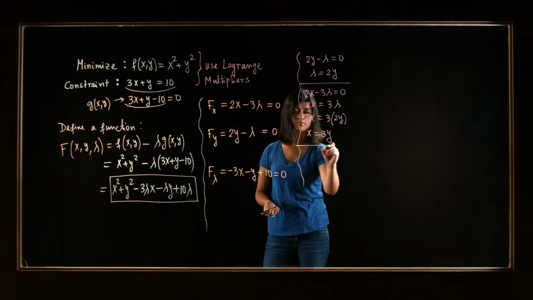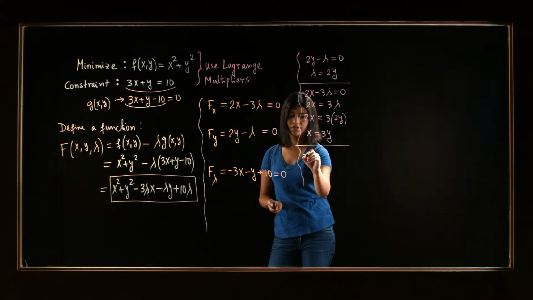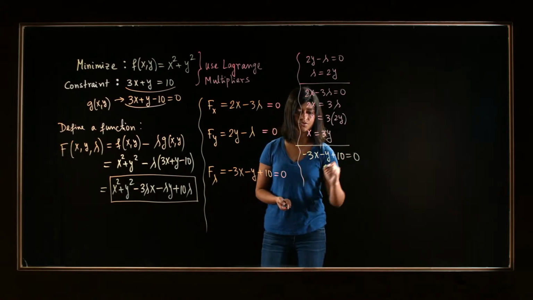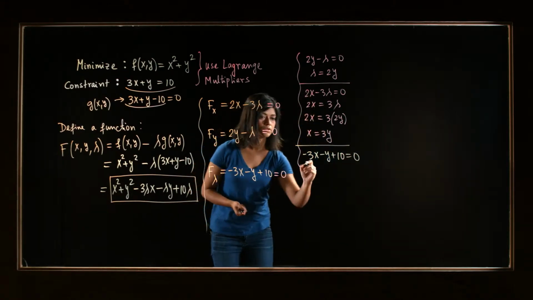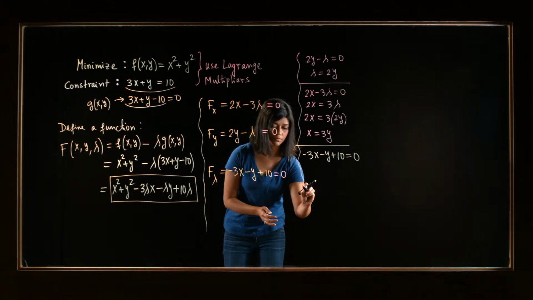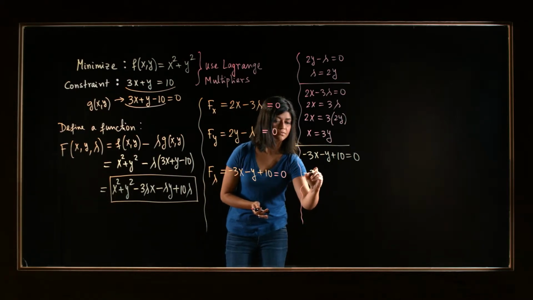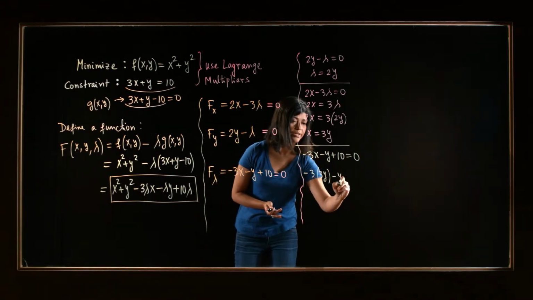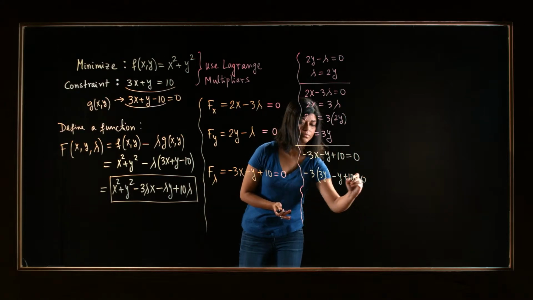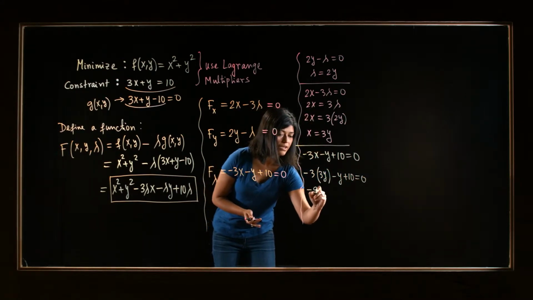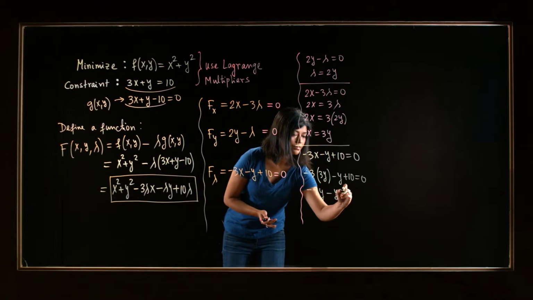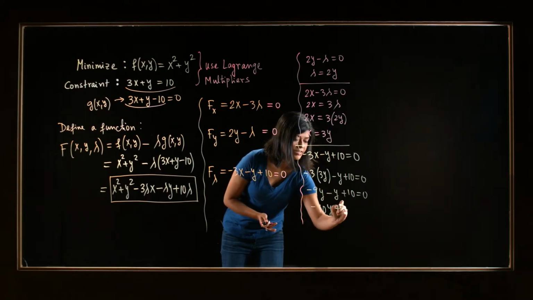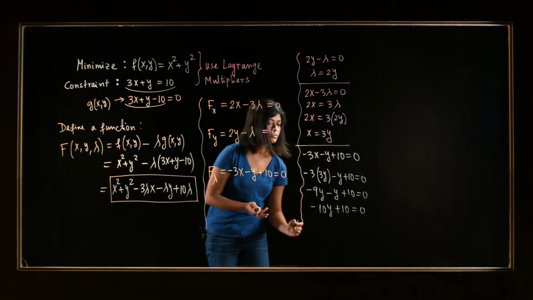So let's take this last equation now. Negative 3x, negative y plus 10 is 0. Okay, so we have negative 3 times x, which is 3y, negative y plus 10, 0. So this is negative 9y and negative y, which is negative 10y plus 10 is 0.